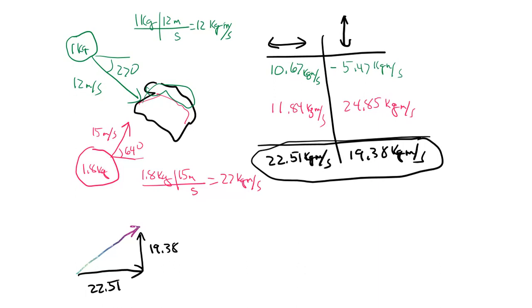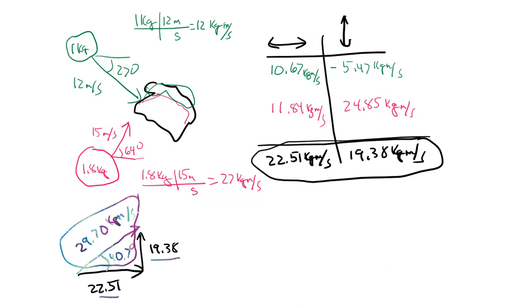My total momentum is going to be 29.70 kilogram meters per second. And then for my angle, the tangent of the angle is the opposite over the adjacent, so 19.38 divided by 22.51 equals 0.86. Take the inverse tangent of that, and this angle is 40.7 degrees. So this is my initial momentum, and therefore it is also my total momentum.